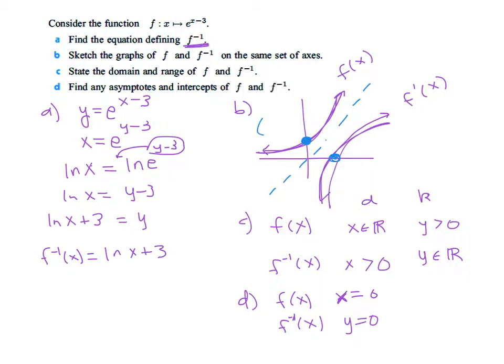If we find this coordinate of x and y, on the inverse, the x and y just switch. So when x is equal to 0, on the original function, we get e to the negative third power. You can write it as e to the negative third or 1 over e to the third, but I'm going to keep it simple, e to the negative third. Right. So for the inverse, it would just be the opposite of that. So e to the negative third and 0.